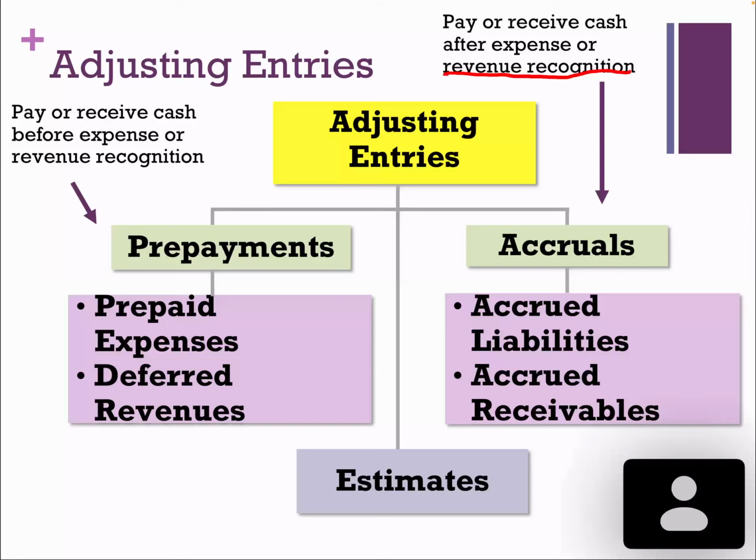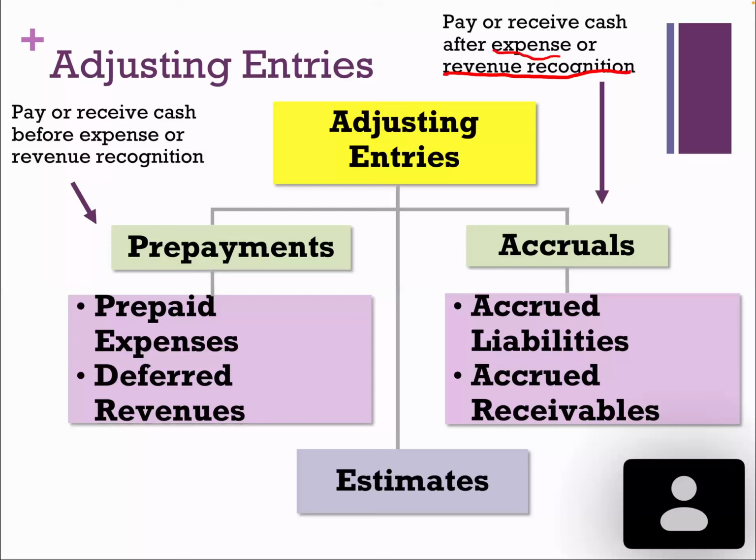Or if we've incurred the expense, but we haven't paid the cash, that's an accrued liability. Okay. So we've done the work, but we haven't been paid, or we've incurred the expense, but we haven't paid. This conceptual part of it isn't nearly as important as understanding how the journal entries work.